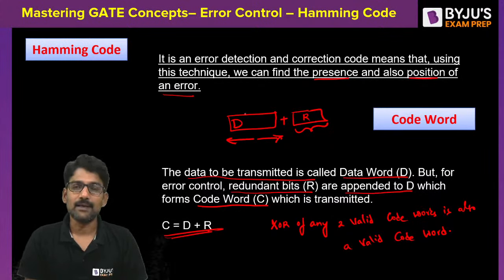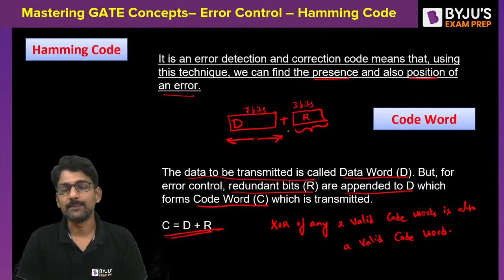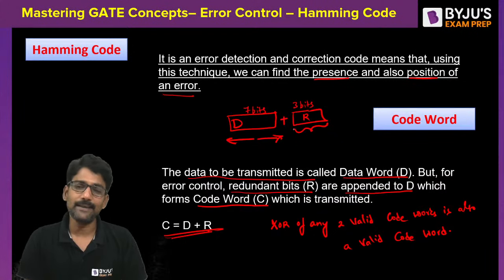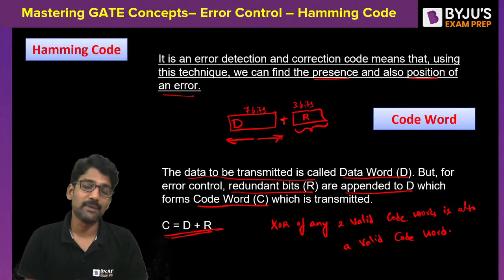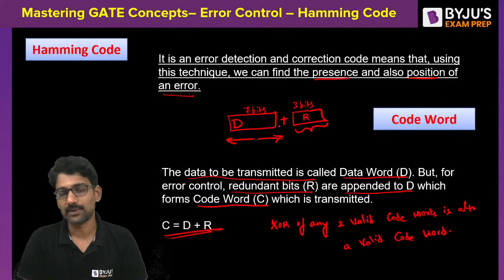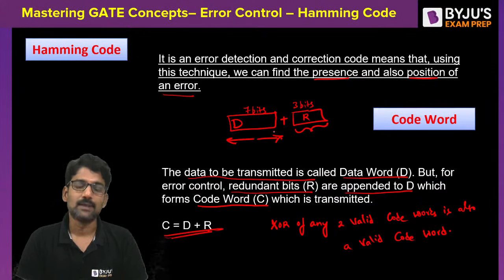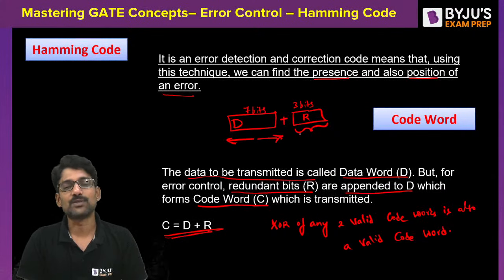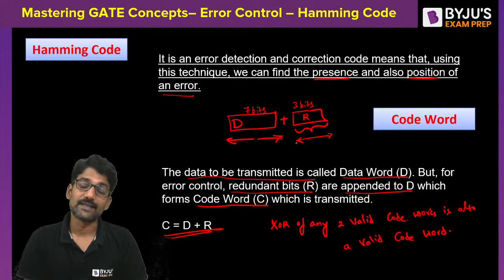Let's say we have 7 bits of data word and 3 bits of redundant word, then in total we get a 10-bit code word. So 2 power 10 code words are actually possible, but among them, valid code words are only certain combinations of this R; the rest we say are invalid.